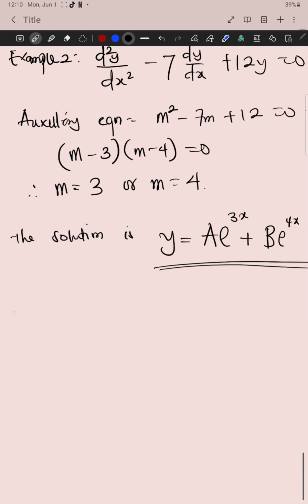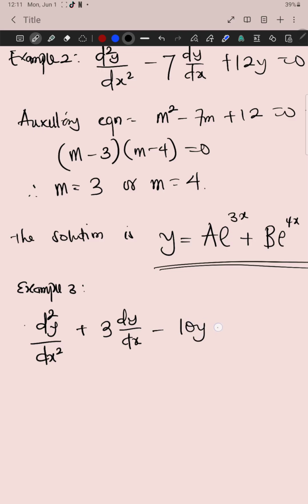Now, next one. Let's solve example 3. We have d squared y over dx squared plus 3 dy over dx minus 10y is equal to 0. Let's look at this together. What will happen here is we are turning it to the auxiliary equation now. m squared plus 3m minus 10 is equal to 0.